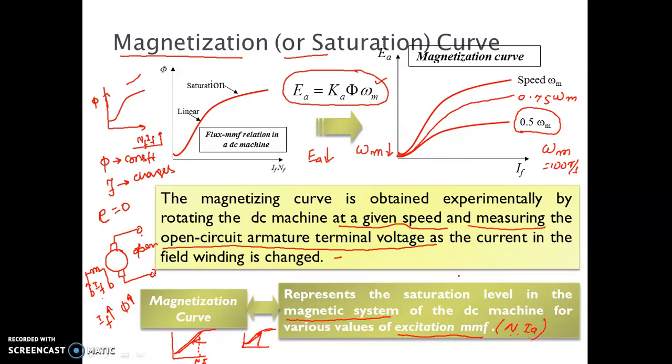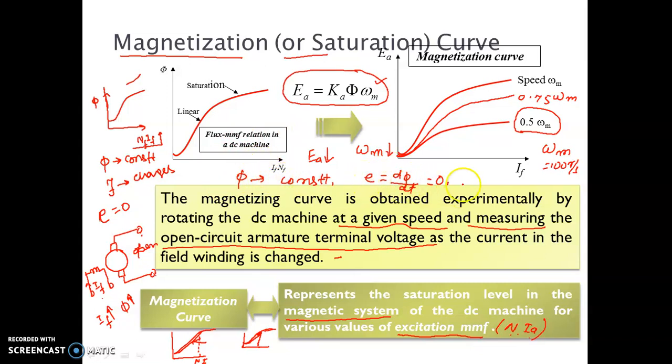One important thing is, if the machine goes under saturation, the flux becomes constant. I am repeating this part so many times: this flux becomes constant, and once flux becomes constant, the induced EMF, d phi by dt by Faraday's law, becomes 0. So you are giving energy, but you are not getting any output.